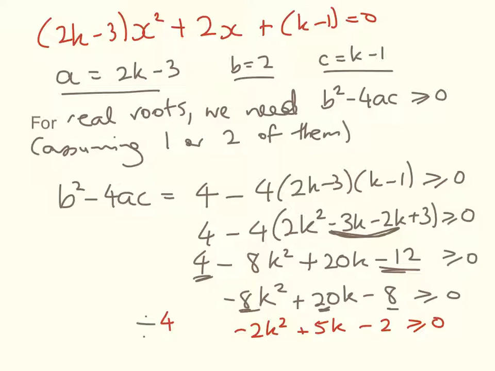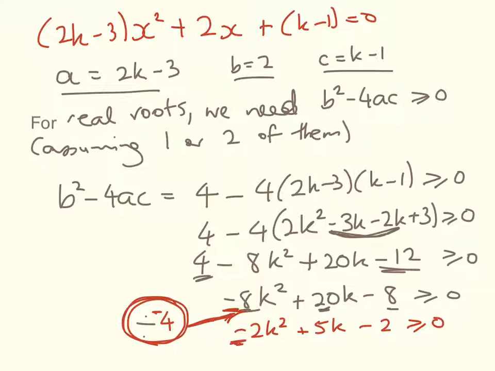Now if you look back at the question, we are getting closer to what we want, but we need to have that as 2k squared. So the next thing to do is to divide both sides through by negative 1. Most of you, especially when you're getting closer to the exam, should be getting fine with just doing that all in one hit. Right, so we're looking for the common factor in here, and we don't want to end up with a negative here.